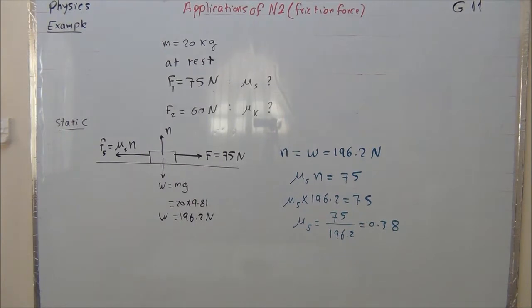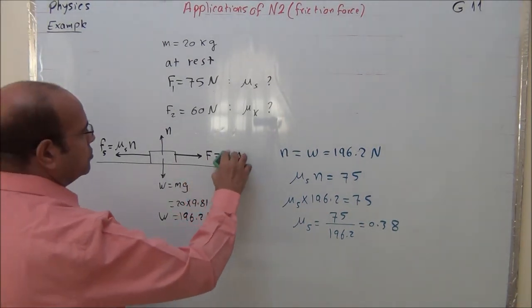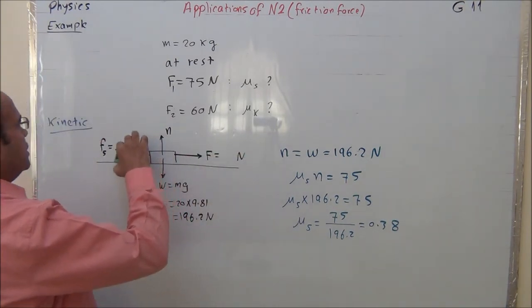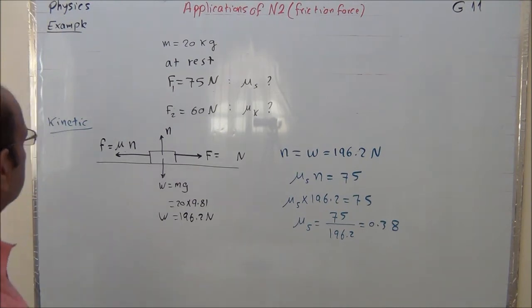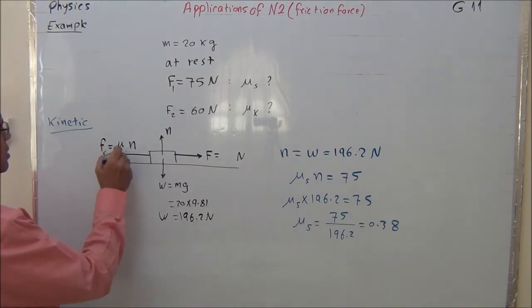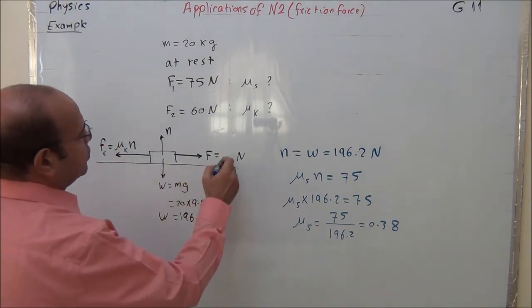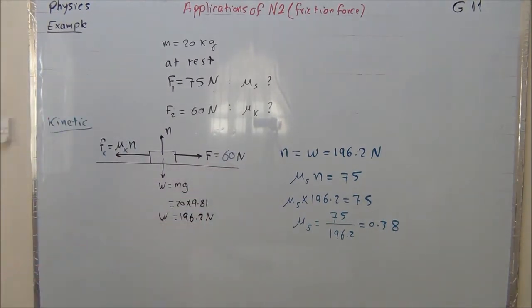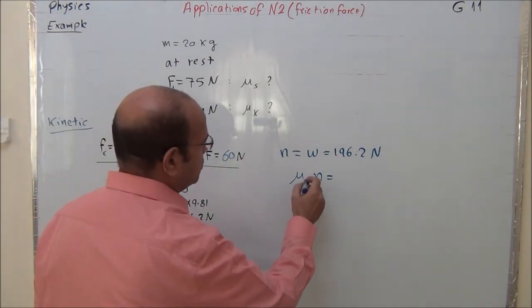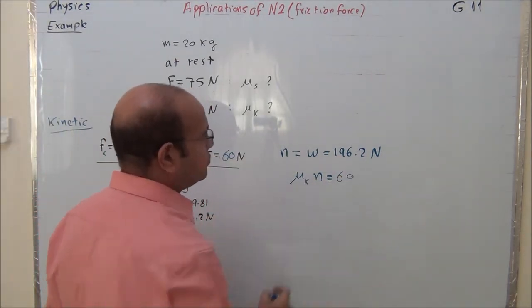In the second case, kinetic. Now the force decreases to 60, and this one becomes kinetic friction. So this is Fk, and this is mu k, and this force decreases to 60. The normal contact force is the same, so mu k n equals 60.